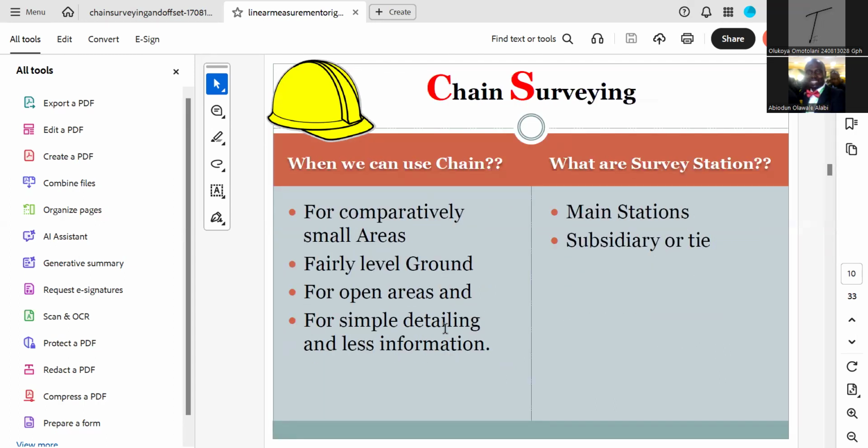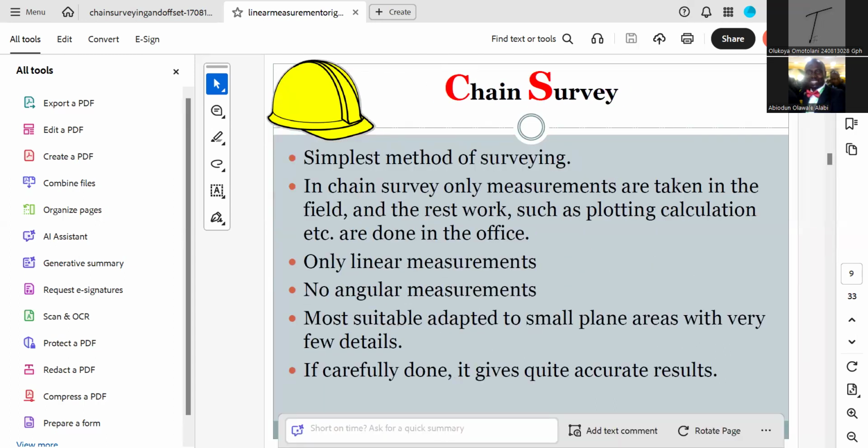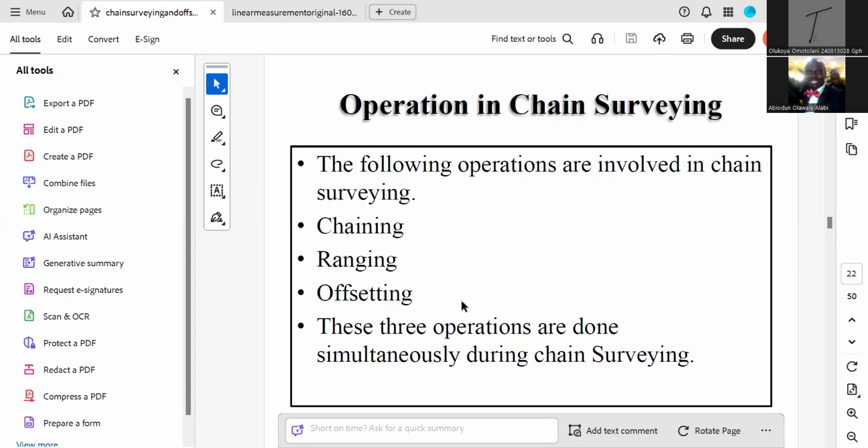Let's quickly move to operations in chain surveying. The following operations are involved in chain surveying: chaining, ranging, and offsetting. What you don't know about these operations is the last one, offsetting.